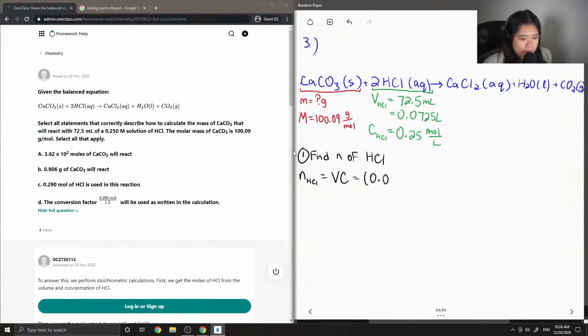So 0.0725 liters times 0.25 moles per liter. This gives us 0.0181 moles of HCl. So this is moles consumed.